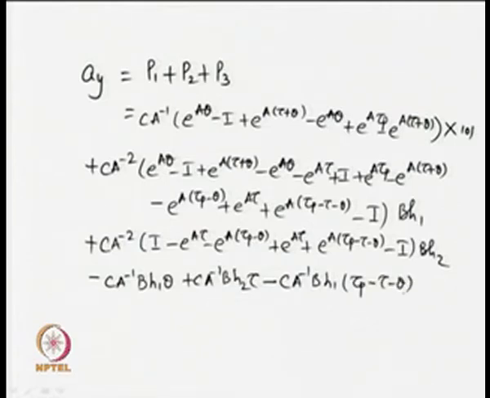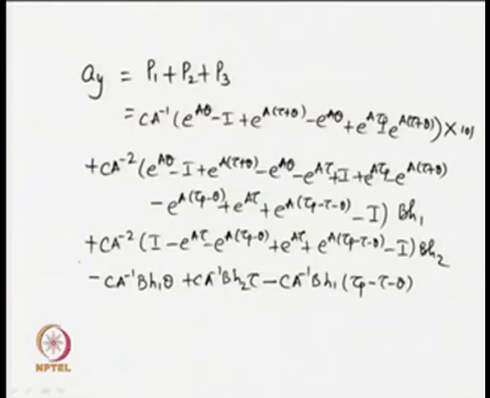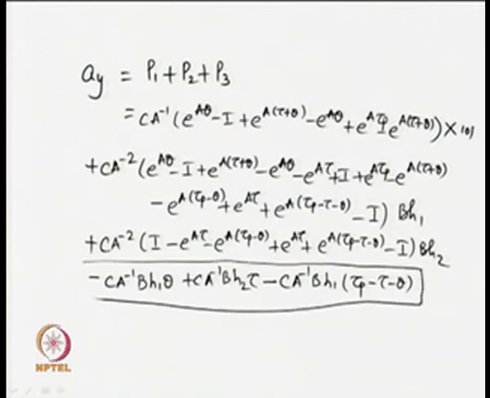So, this is the expression for area of the asymmetrical output signal, where we will find that all other terms, except the last three terms, become 0. When x0 is substituted over here, we have an expression for x0 which has been found in the previous lecture.